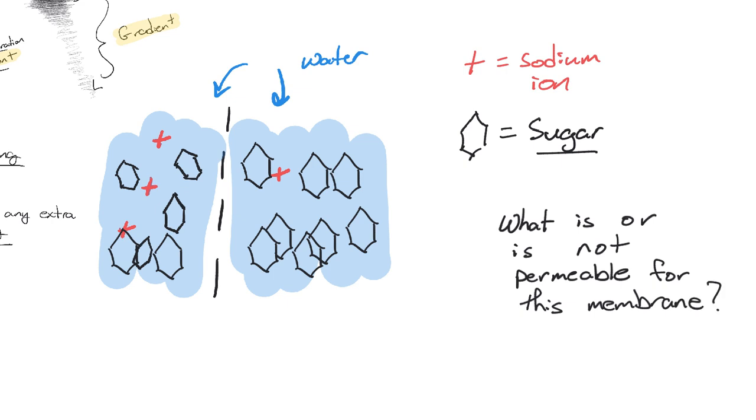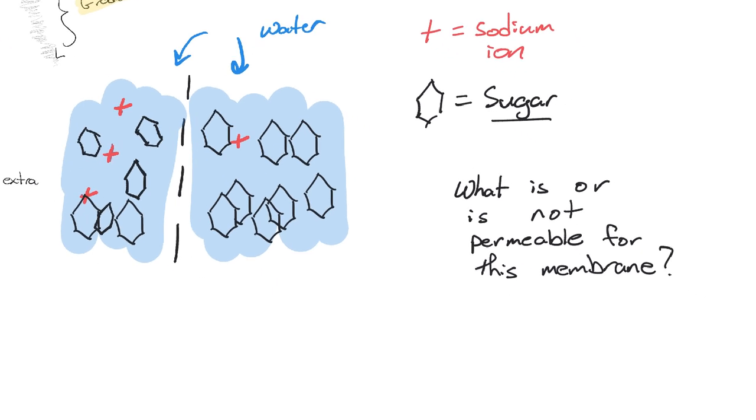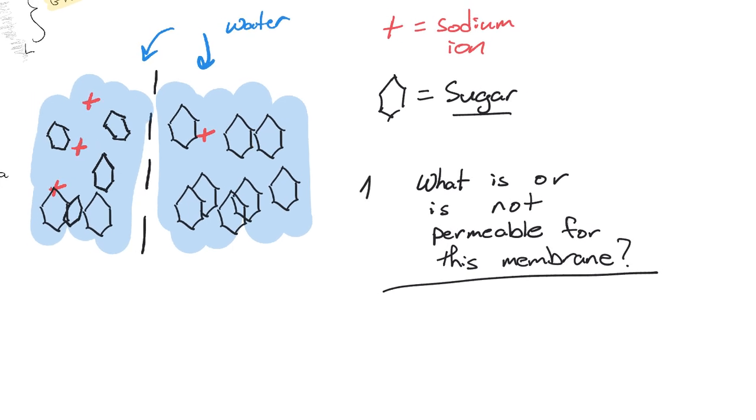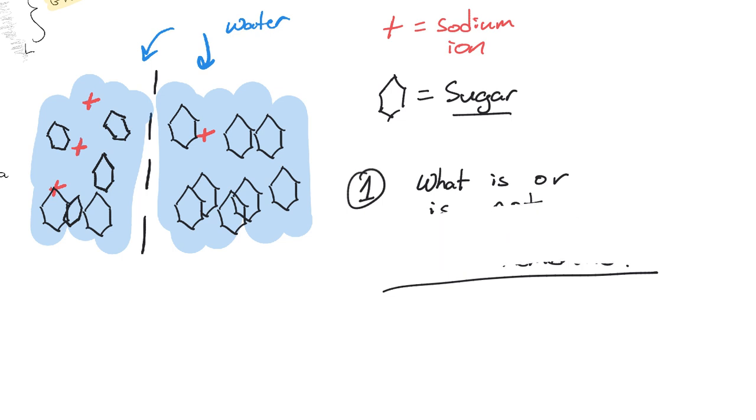What does or does not pass through this membrane? In this case, this is the first question you're always going to ask. Should I simplify the question? Let me simplify the question because I don't like the way that question sounded. Let me make it easy.